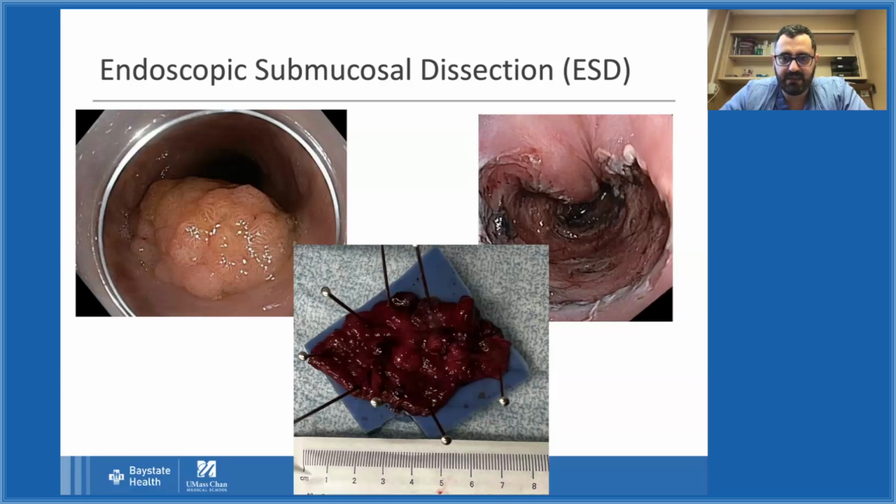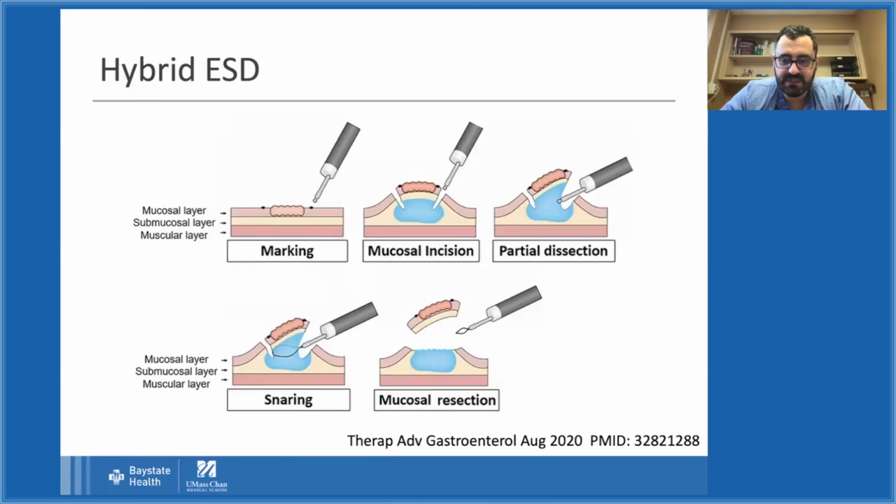Another great technique, high-risk technique though, and I will talk about that later. And then the hybrid ESD is where we can mix the two techniques, EMR and ESD. We start injecting under the polyp, we cut around it, we start dissecting in the submucosal space, and then eventually we grab the snare and we cut whatever is left, and we still get the polyp in a single piece.